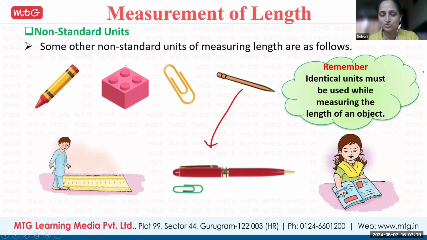We can't combine the toothpick and paper clip both for measuring any one object. If you're measuring one object, you have to use whatever you are using only. We can't combine. So identical units must be used while measuring the length of an object.